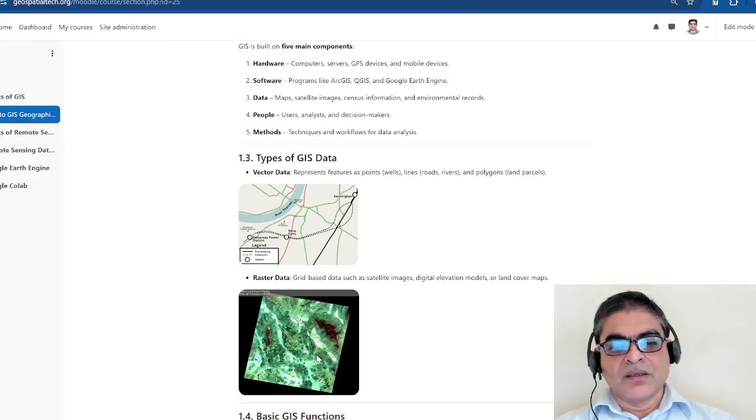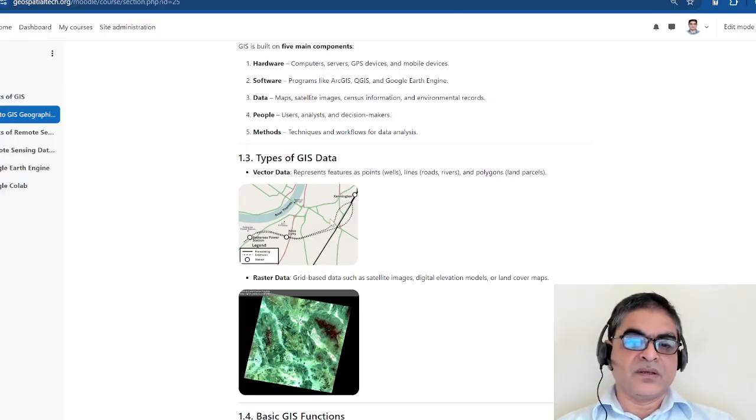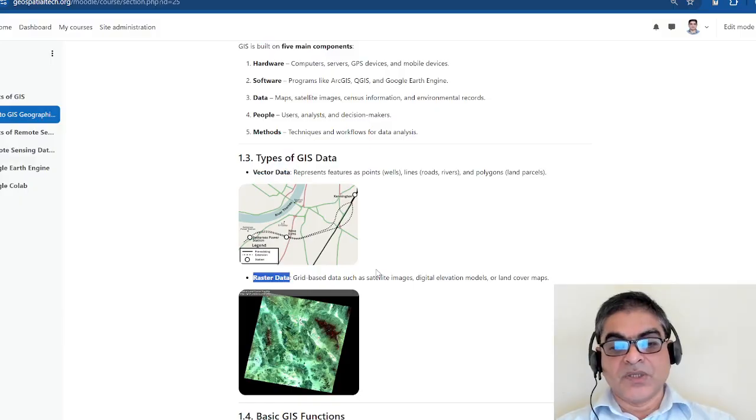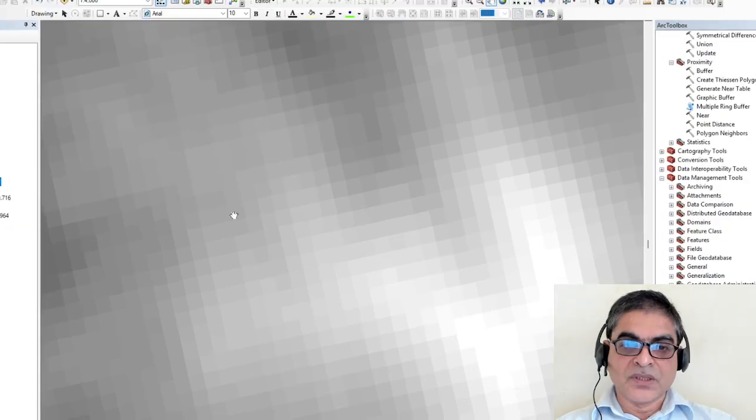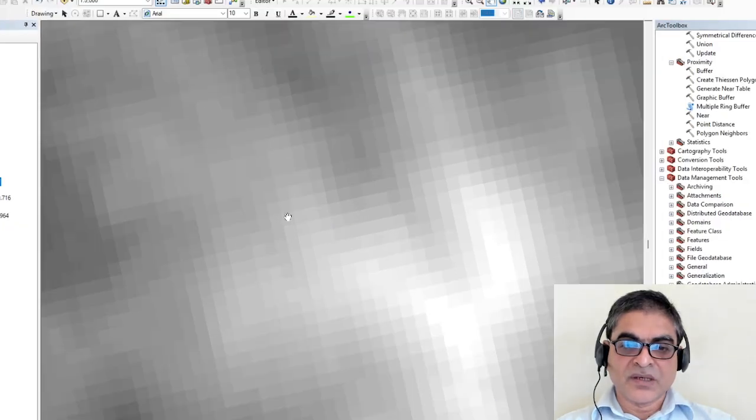The second is the raster data. Raster data is continuous data. If we say what is the difference between vector data and raster data, raster is continuous data. I mean, this is like an image. We take a photograph using our mobile, and the photograph is a kind of raster data. And when you zoom in more and more, you will see the pixels like this.